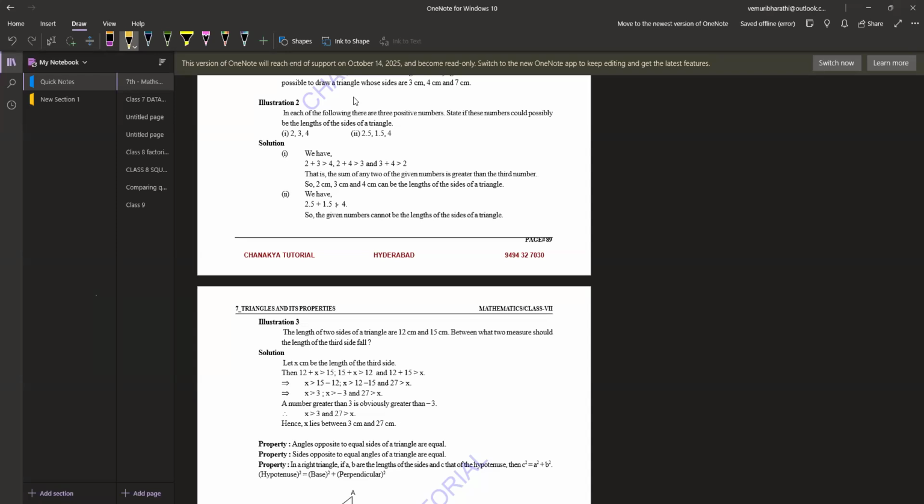The sum of two sides of a triangle is always greater than the third. This is one set: 2, 3, 4. Is it possible to form a triangle? Another one is 2.5, 1.5, 4. It will not be possible for the second one, because 2.5 plus 1.5 is not greater than 4.